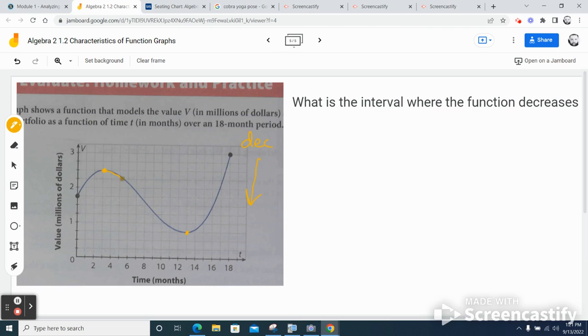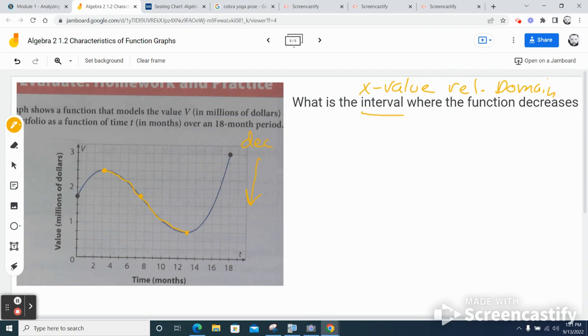And so what we're interested in is the interval from here to here. Now, when they say interval, what they're really talking about are the x values. What's a fancy word for the x values? Domain. But we're going to say relative domain, because the domain means a set of x values, really, truthfully.